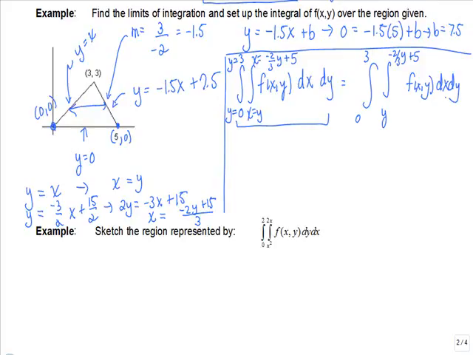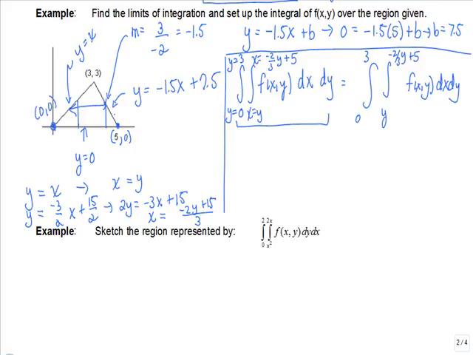Now, if I want to do the integral the opposite way, you'll notice that something kind of strange happens. The x's will be kind of normal. We'll go from 0 to 5. That'll be okay. That'll be the outer integral. But notice when I do the y's, when I go bottom to top, remembering those have to be functions, for part of the problem, the upper function is the positive slope curve, and for the other part, it's the negative slope curve.